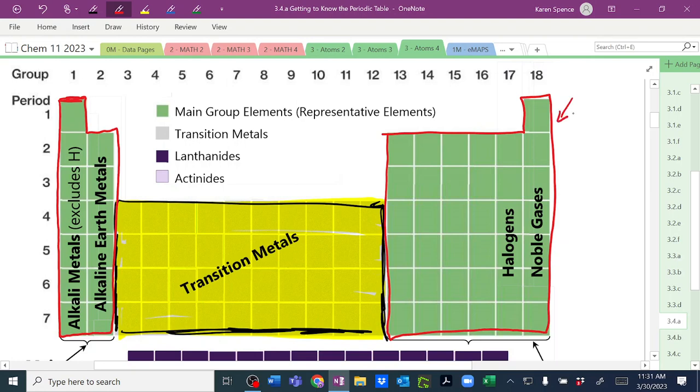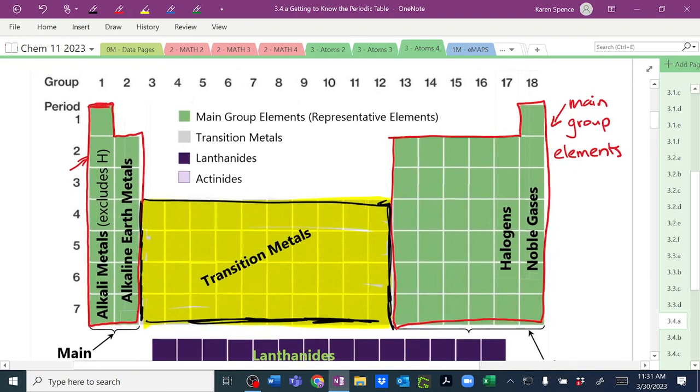Okay, those are the main group elements. And these ones over here are also the main group elements.